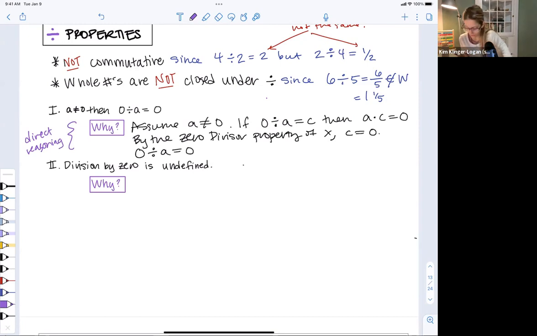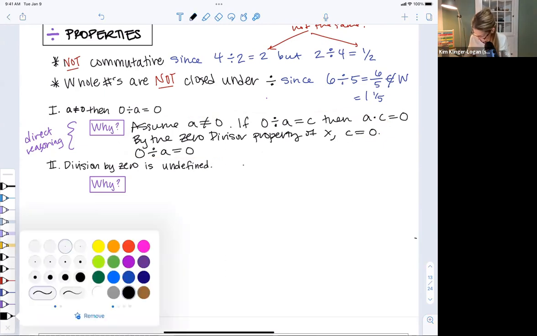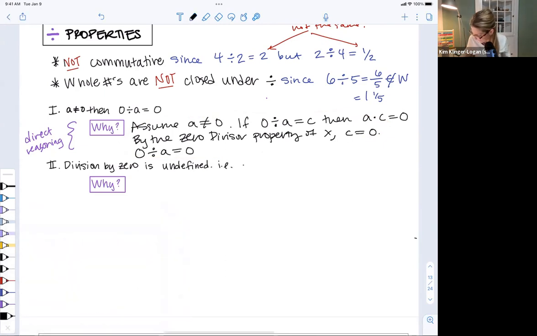So I guess this next property that we're going to talk about with division is that division by 0 is always undefined. So maybe now would be a good time to pause this video and see if you can use a similar argument to the one that we used in property 1 to show that if I take any number A and divide by 0, so A divided by 0, then this is undefined.